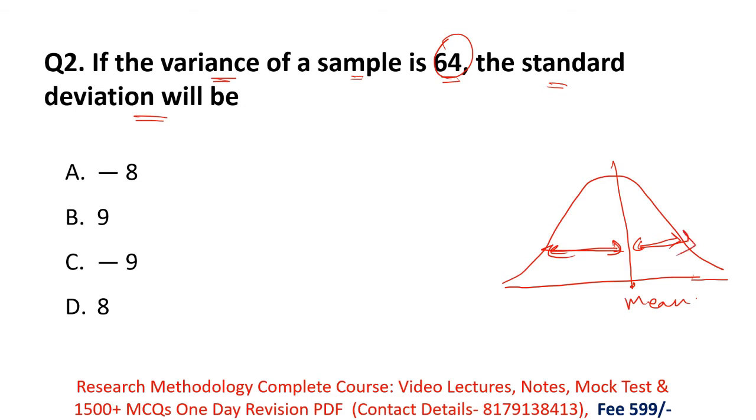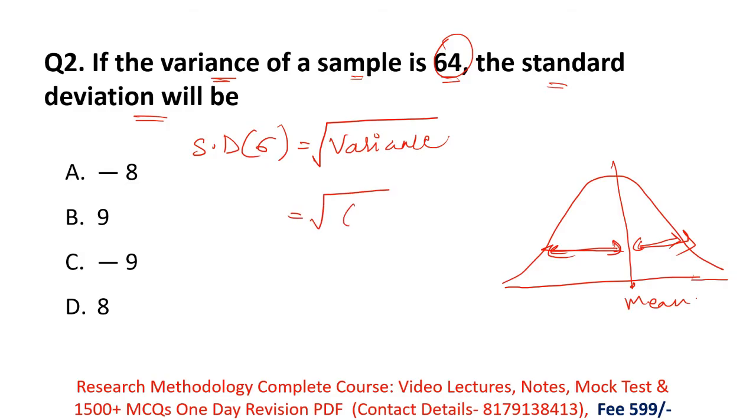So here the standard deviation formula is: standard deviation, denoted by sigma, equals the square root of variance. So this is the formula of standard deviation. We know the variance, which is 64, so put the value here, 64. The square root of 64 is 8. Very simple and very easy question.